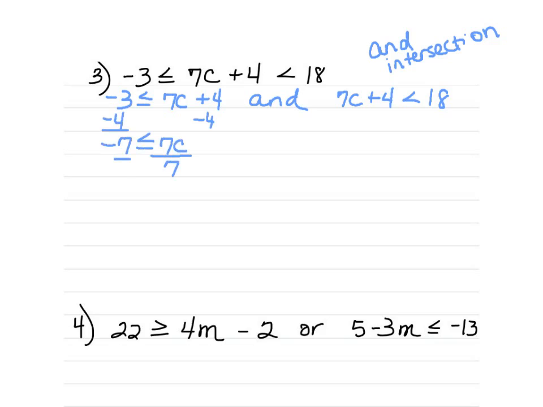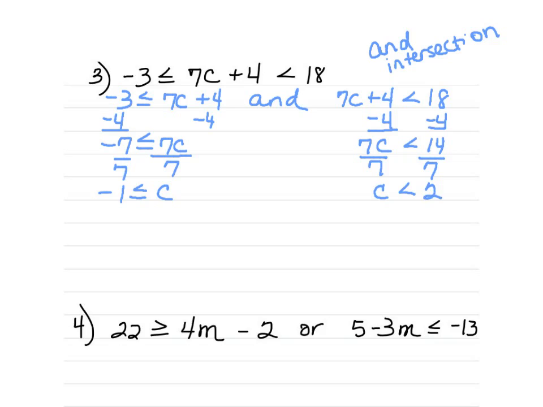Let's divide by 7 on both sides. And we know that negative 1 is less than or equal to c. Right here we have to subtract 4 on both sides. We have 7c is less than 14. And divide by 7 on both sides. And we have c is less than 2.